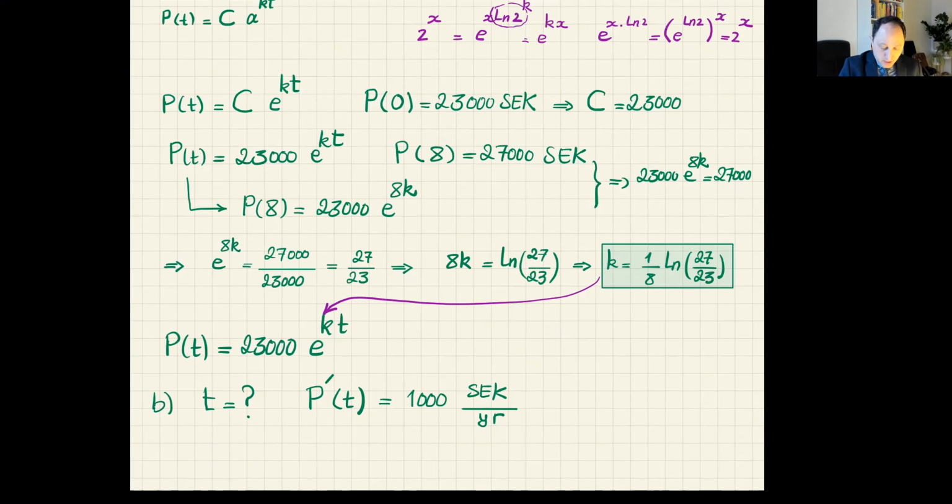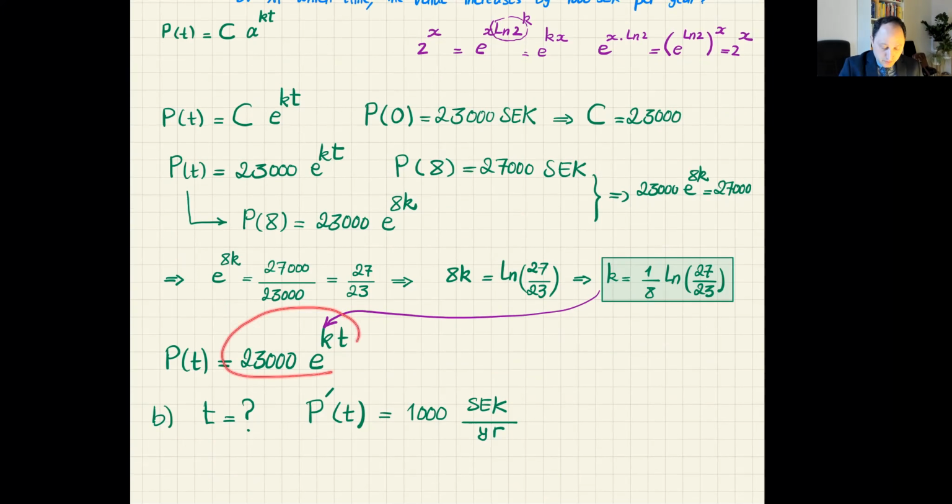So it means that I have to take the derivative of this function, p prime of t, and equate it with 1000, and then I can find my value for t. But if you remember, the derivative of this function is what?